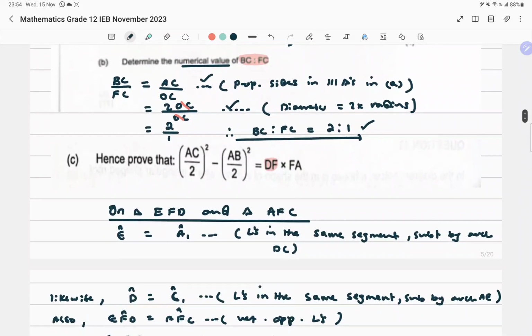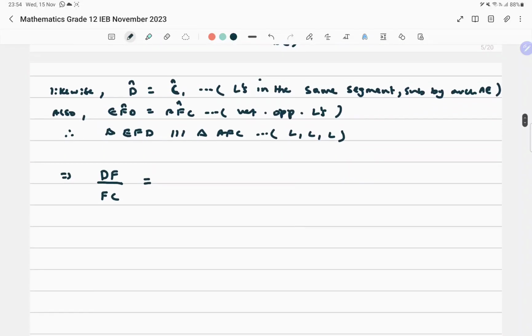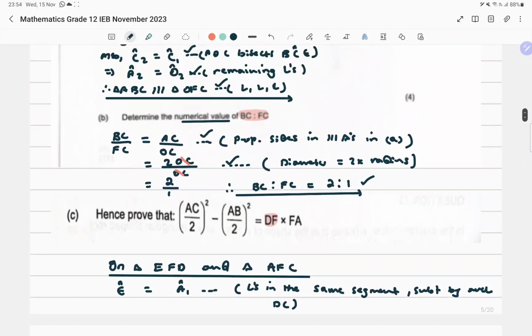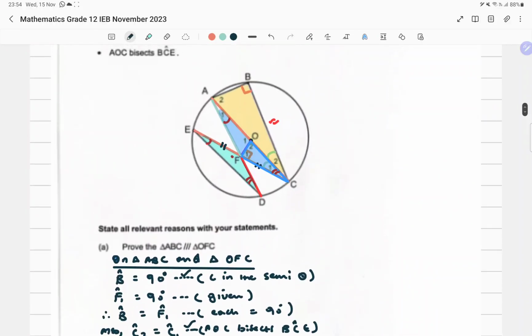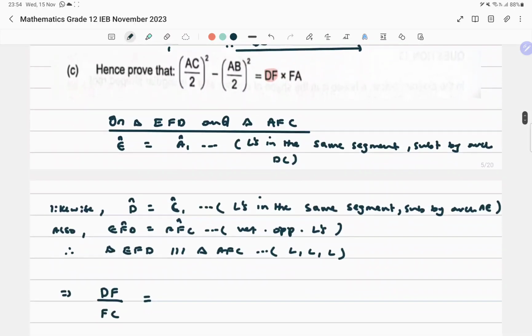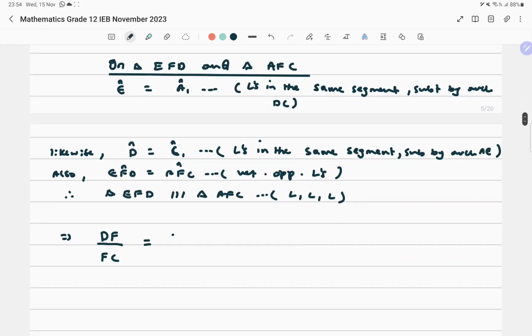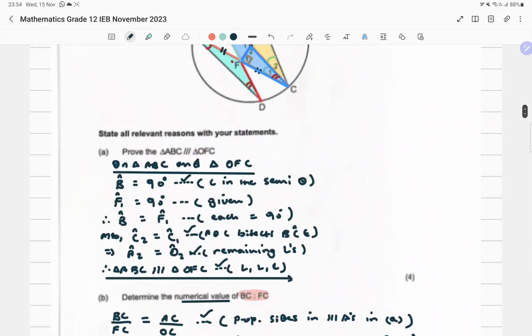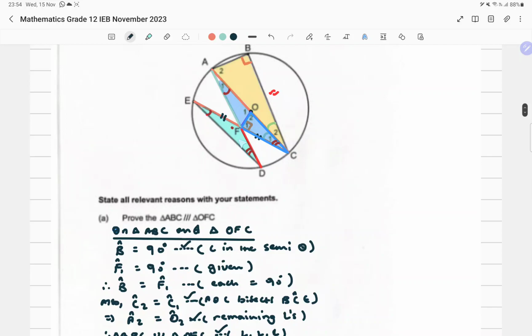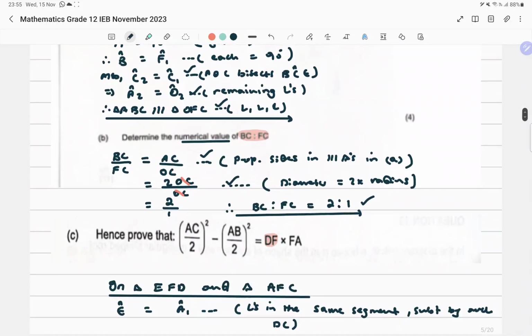What must we find? We can see there that there's an FA also, and FA is on the other triangle, but this is opposite this angle here. That angle is equal to that, and then that side is equal to EF. So we're going to write EF over, now EF belongs on this triangle, opposite D, that is equal to that, and then it gives us FA.